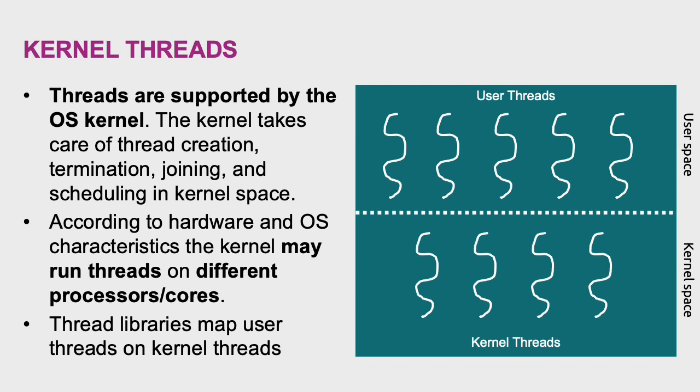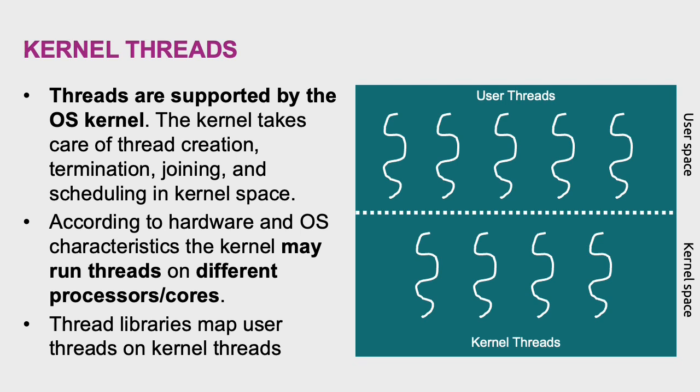To facilitate the creation and management of threads, a thread library provides programmers with an API. There are two main approaches to developing a thread library. The first method involves constructing a library entirely in user space without operating system level support.